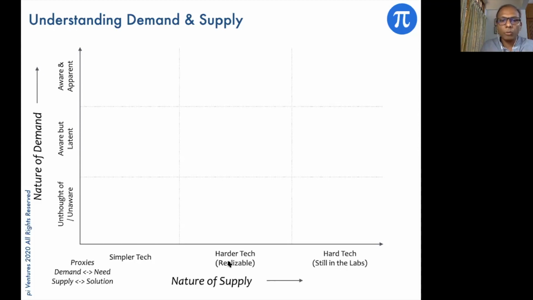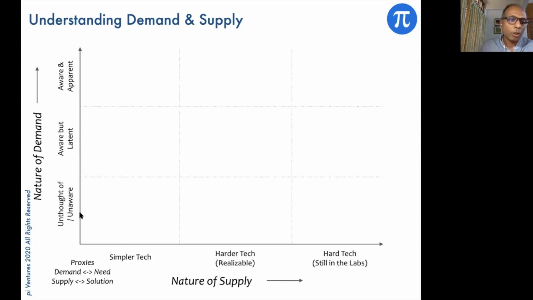There is something that you have figured out which other people haven't, or there is some boundary you have broken in terms of IP. Essentially, it means that if you put the same bunch of smart people together with that problem, they may or may not come out with a solution in a finite period of time, right? And hard tech is probably still in the labs where research is going on and it is not yet a commercial solution.